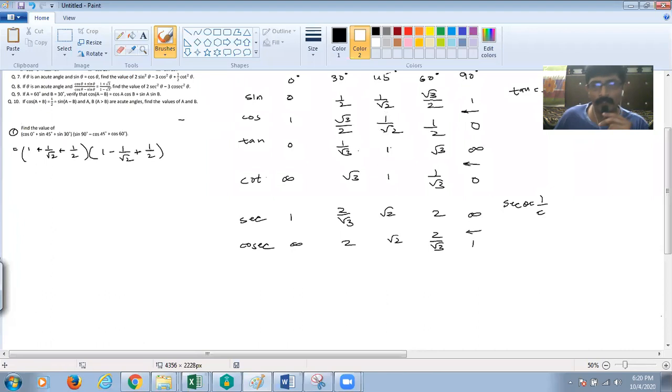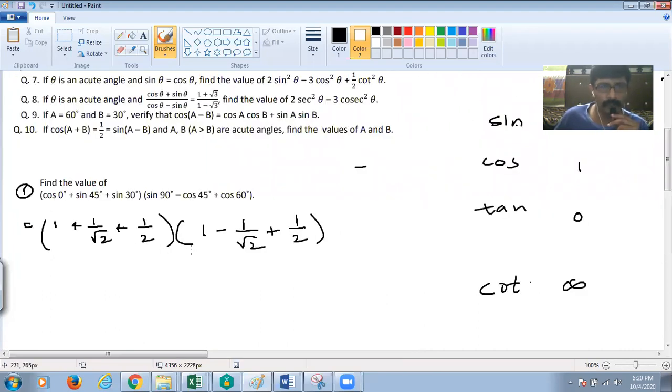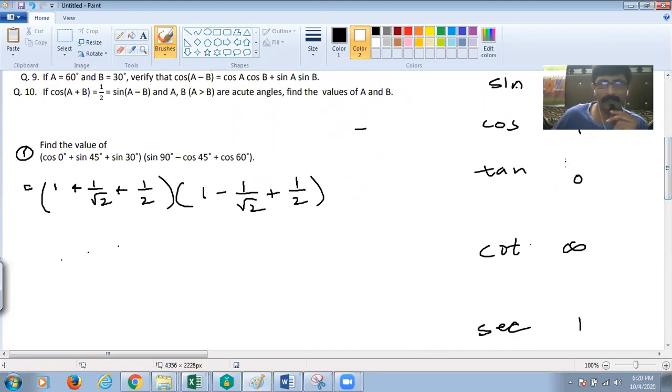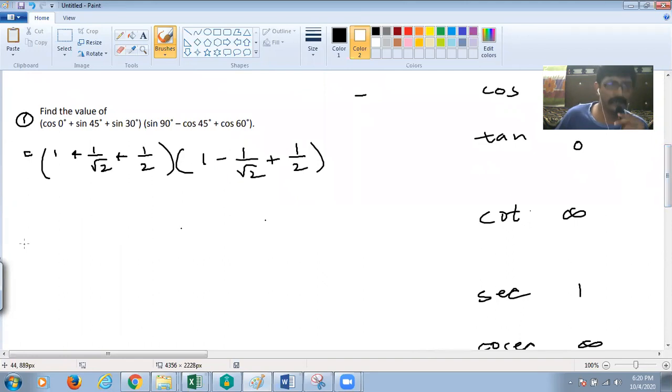So I knew this table very well, so you know I could immediately substitute. But ऐसे हो सकता है कि आपको ये टेबल बाय हार्ट नहीं रहेगा, तो आपको थोड़ा सा एक्स्ट्रा वर्क करना पड़ेगा, isn't it? So better you keep doing that systematically.